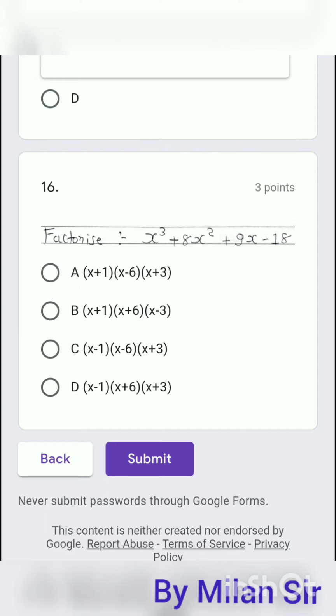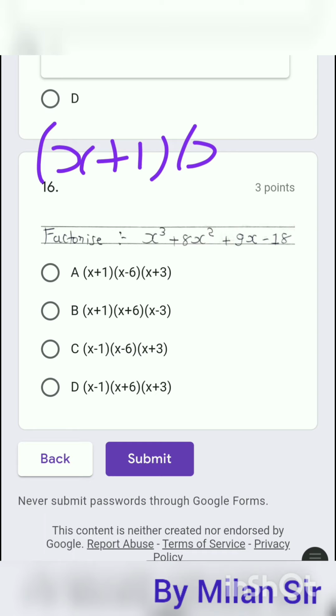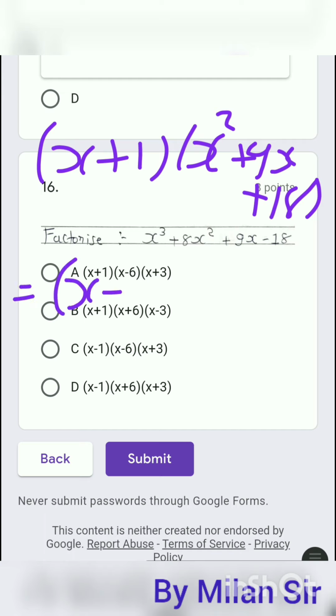So now we have x plus 1 in bracket x square plus 9x plus 18. Here x plus 1 stays as it is.